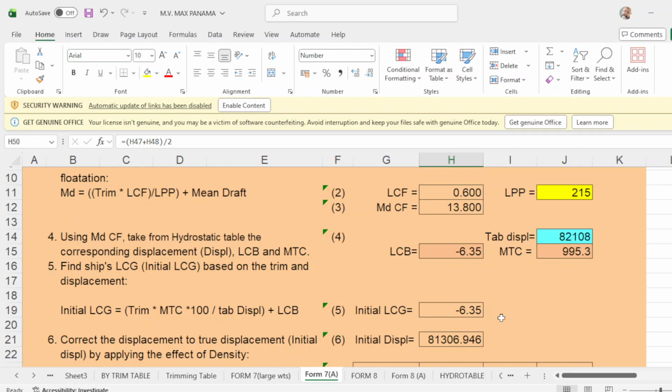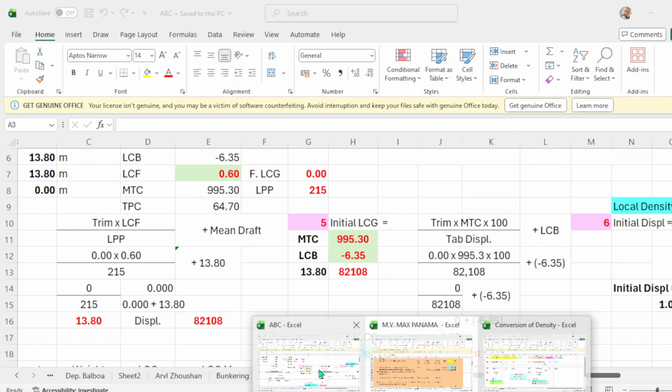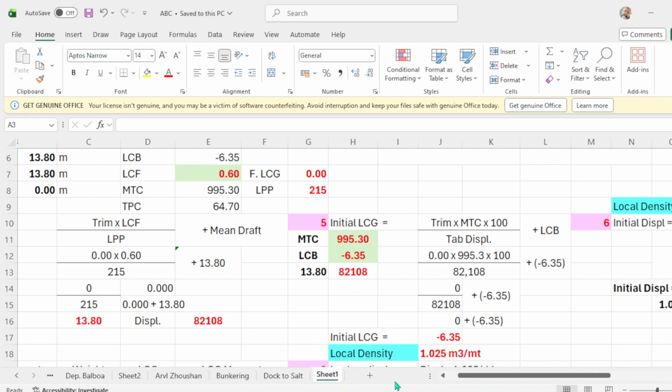Number 6, initial displacement. What is the displacement? Displacement will be corrected to true displacement by applying the effect of density. So that will be this one. Number 6.